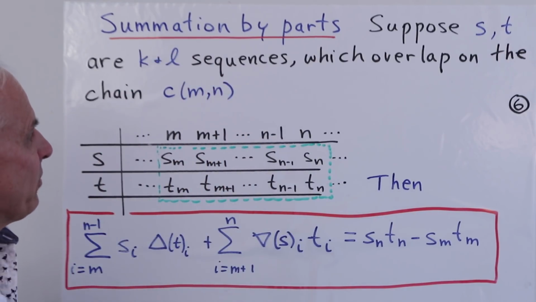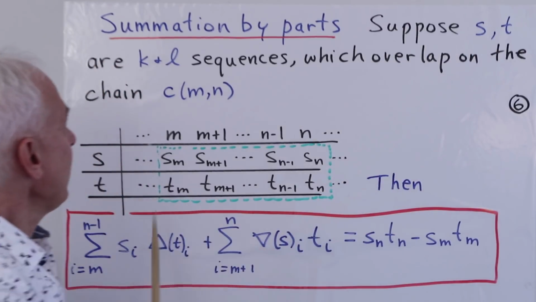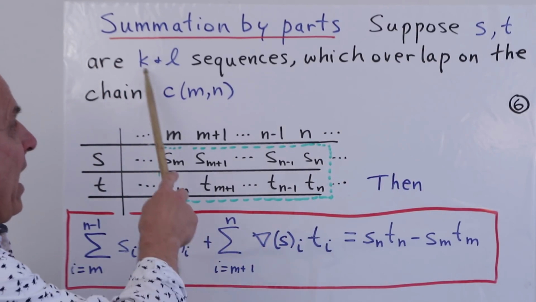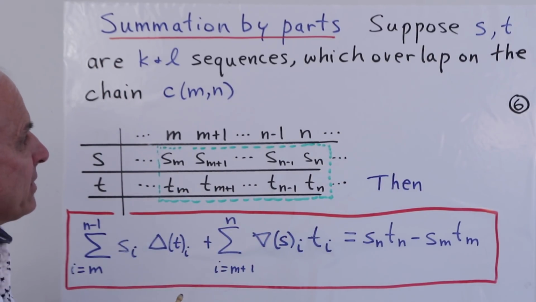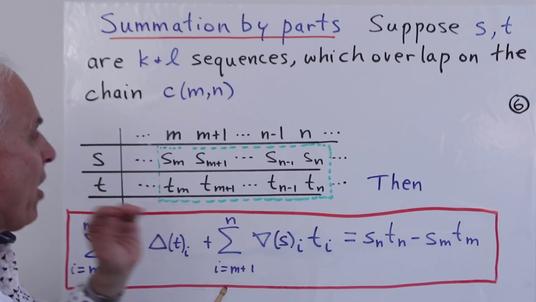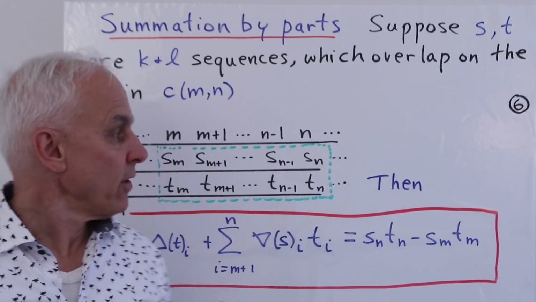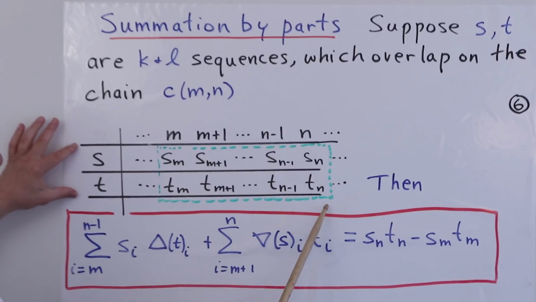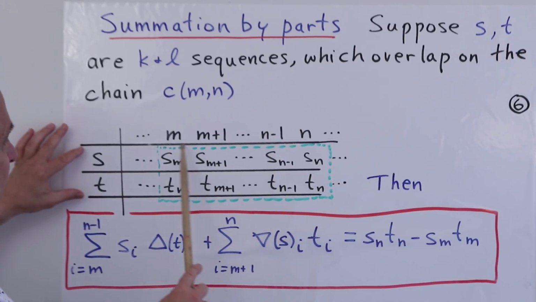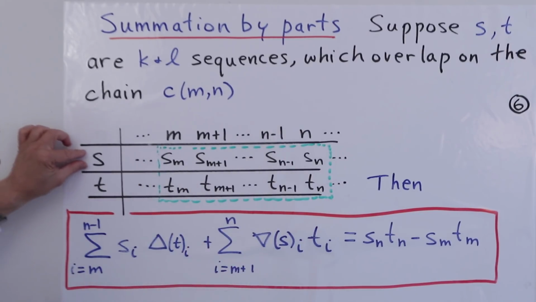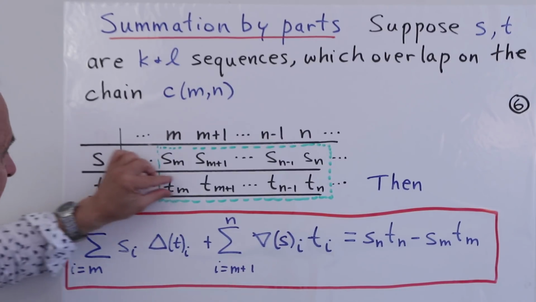Okay, so let's suppose that we have two sequences, S and T, finite sequences, maybe K and L sequences. And the crucial thing is that they overlap on a particular chain. So here's a representation of this picture. We have indices up here, and we have the sequence S here and the sequence T here.